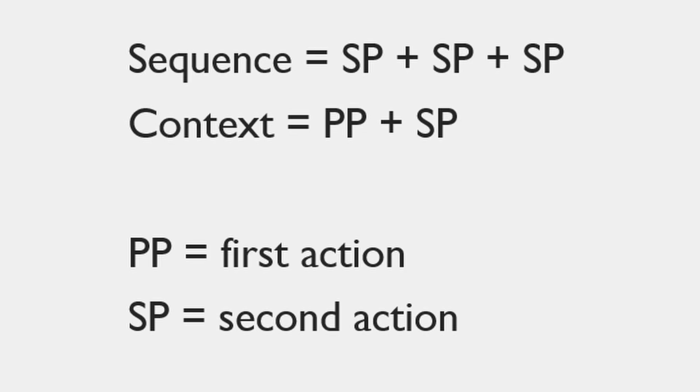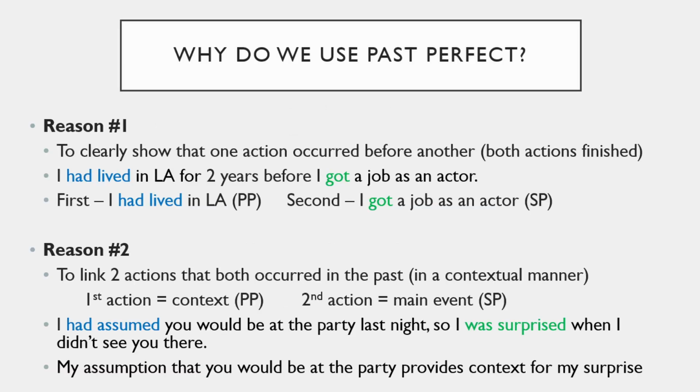So to summarize, those are your two reasons that we use the past perfect tense. Reason number one, when I want to be really clear and efficient about which action happened first. The past perfect is the first action, the simple past is the second action. And remember, both actions are finished, either a long time ago or just recently, just this morning. I had just woken up when I realized we didn't have any coffee.